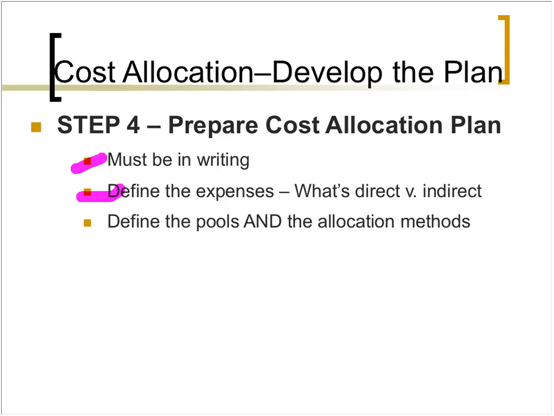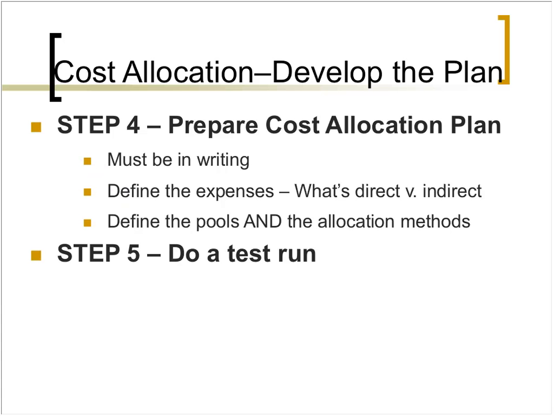One very important element of this is defining what costs are directly allocated and which ones are going to be indirect costs. And then finally, define the pools and the allocation method. By providing a written cost allocation plan, this will help you greatly adhere to the consistency requirement so that you are applying the same cost allocations every single month and that you don't allocate on one basis one month and a different basis another month, which is not allowable under A-122.